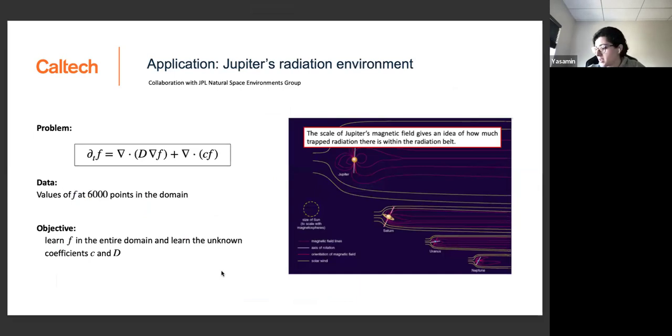So in everything that I presented, we essentially worked with a low number of data points, and it was synthetic data. And now my group is working on some collaborations with a group at JPL that are focusing on a problem with real data. In this problem, for example, they essentially have a PDE of the following form, and then they have some data points, but first of all, they're not sure if all of these terms actually appear in this differential equation.